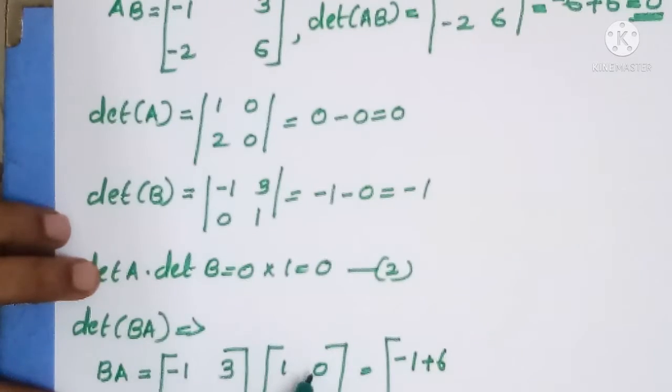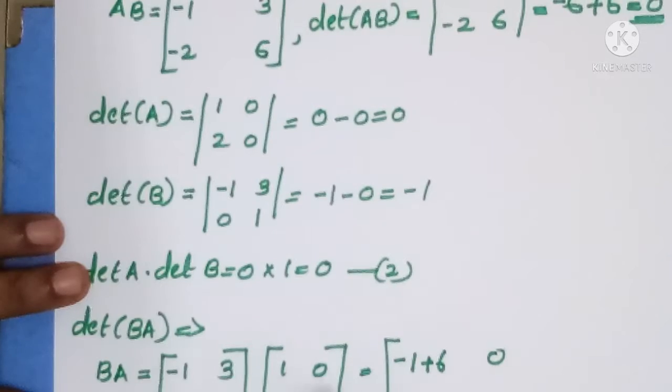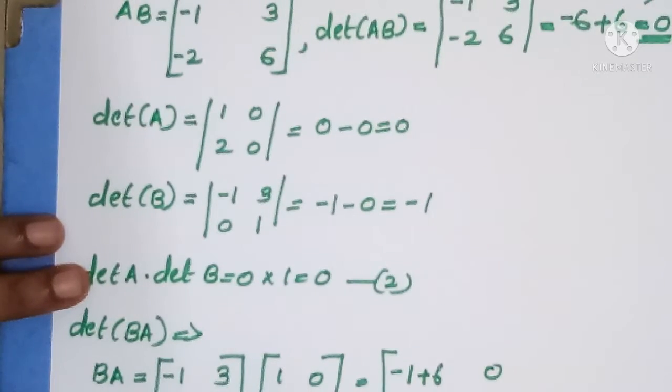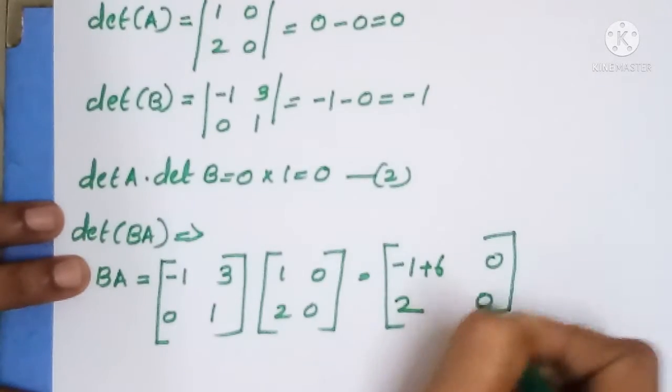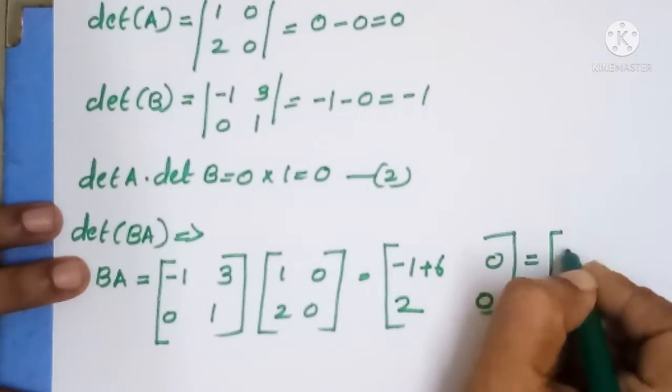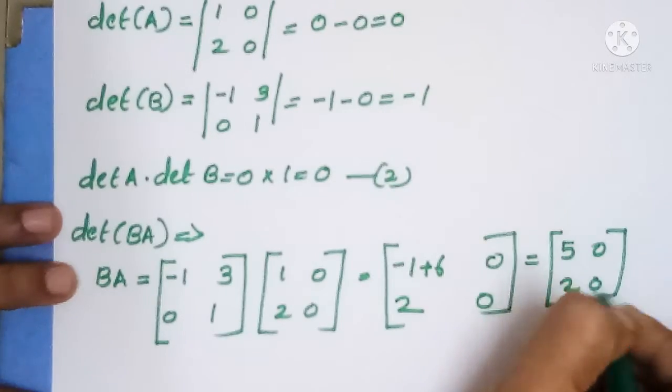Then minus 1 into 0 is 0, 3 into 0, then 0 into 1 becomes 0, 1 into 2 becomes 2, then 0 into 0, 1 into 0 is 0. Here we get BA is equal to [5 0; 2 0].